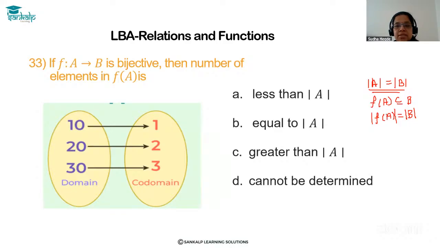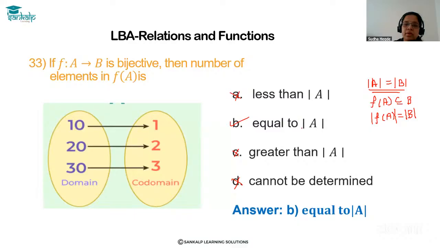Option A less than mod A. Option B equal to mod A. Option C is greater than mod A. It is also not true. Okay, option B equal to mod A is the correct answer. Okay, thank you.